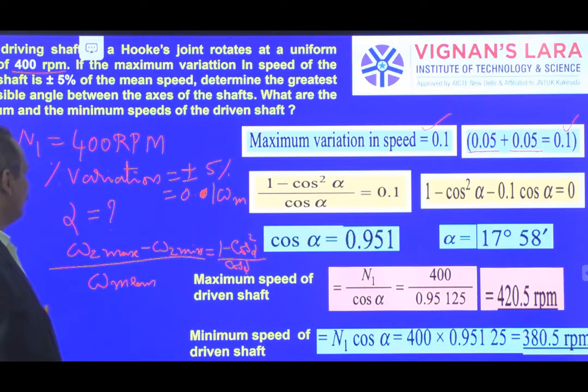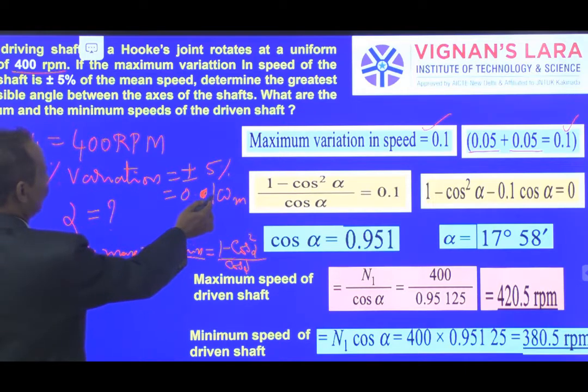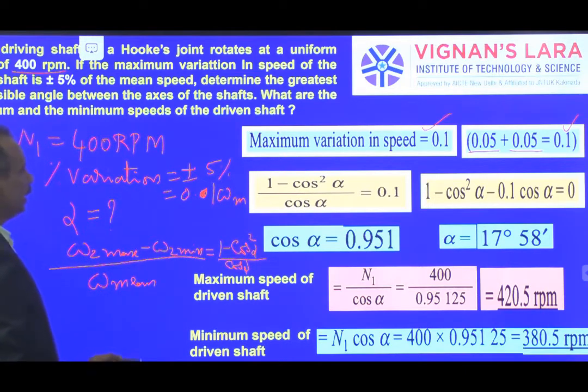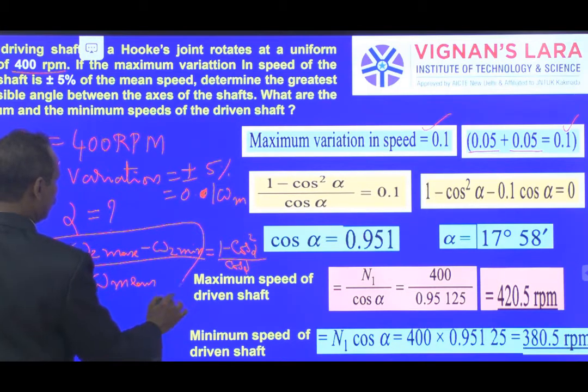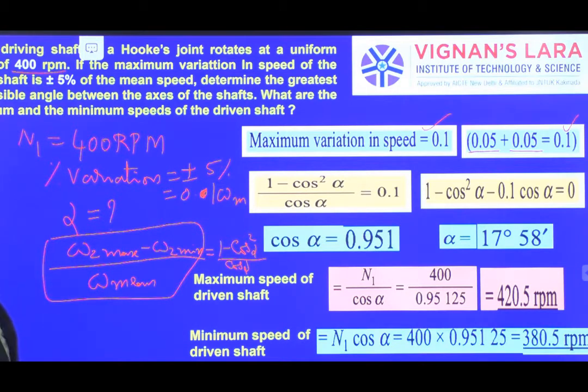Here also the same thing. The methodology of expressing is different, that's all. So what is it? Percentage of variation, that is this total terminology expressed in percentage. So this is the variation, maximum minus minimum.